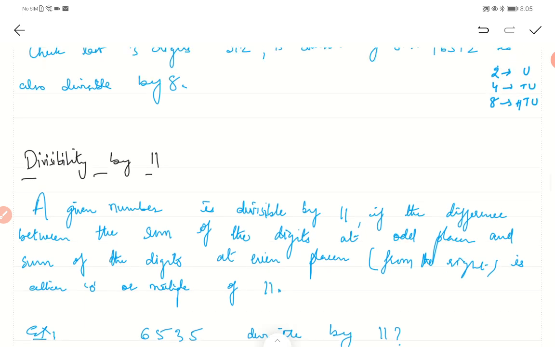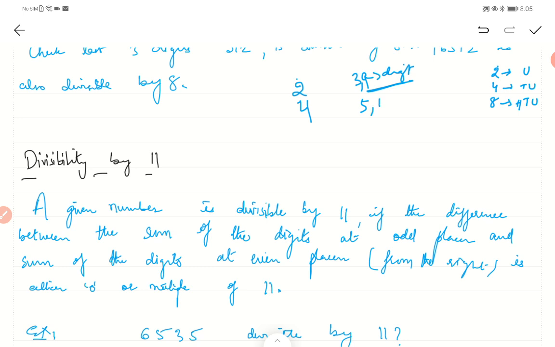Anyway, I'll just revise one more time. Starting from 2: for 3, you'll find the digital root. For 2, you check the units place. 4 and 5 are again easy. For 3 and 9 you'll go for digital roots.